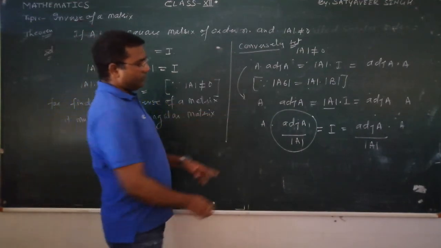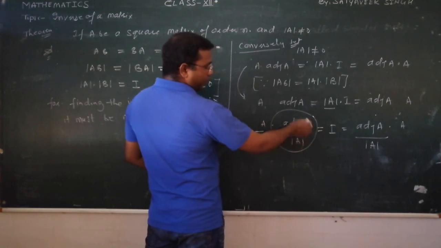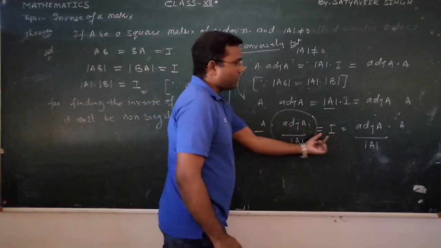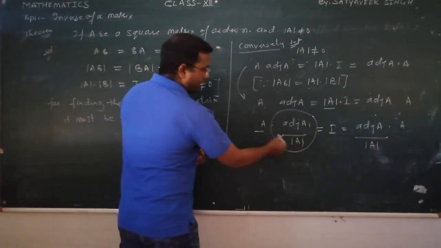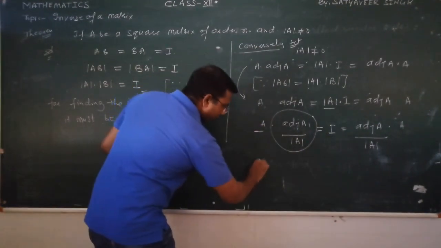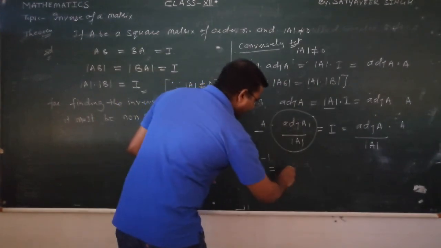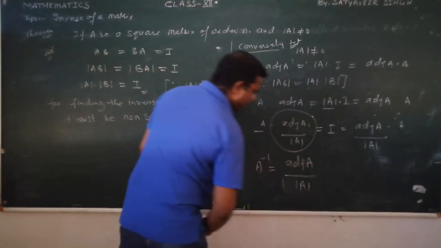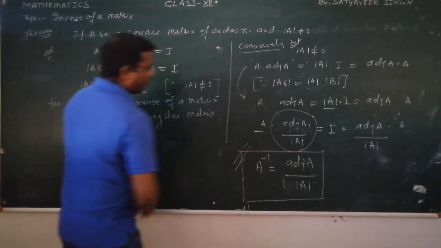So what have we proved? Matrix A into adjoint A upon determinant A, so we can say A into B is equal to I. At the same time, B into A is also equal to I. So B is the inverse of A and A is the inverse of B. So if we want to find the inverse of A, we will have to find adjoint of A upon determinant A. This is one rule we have derived from here.